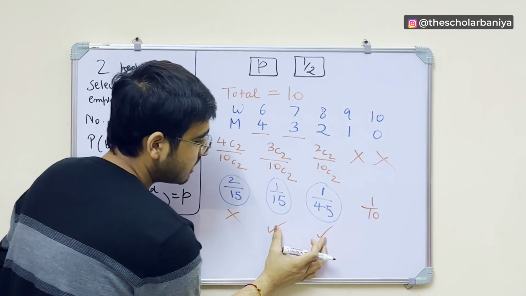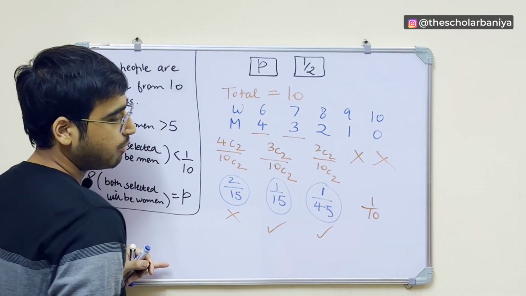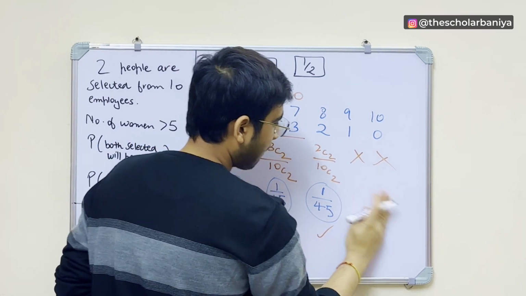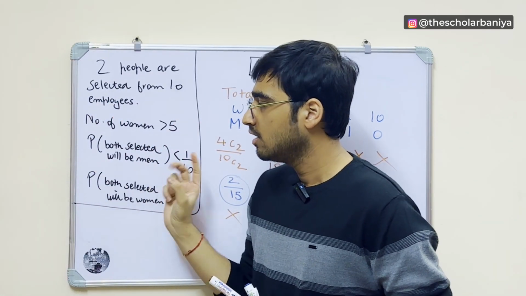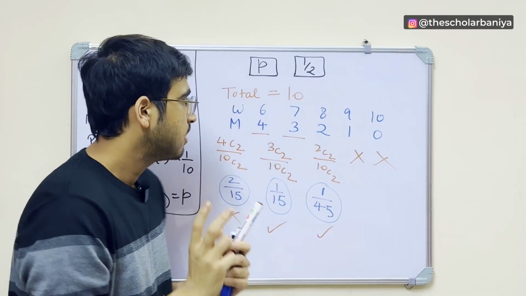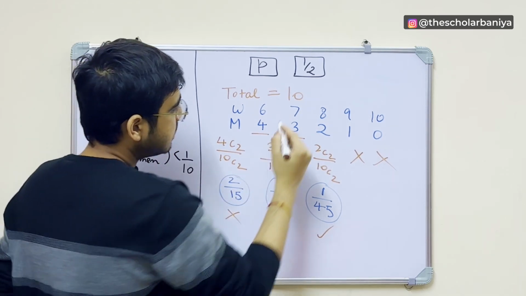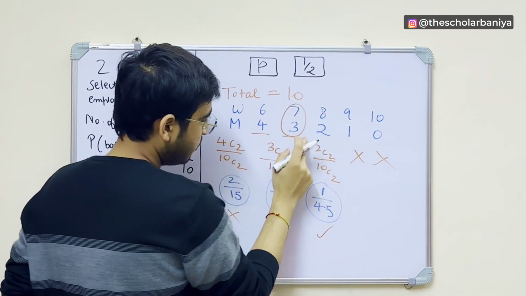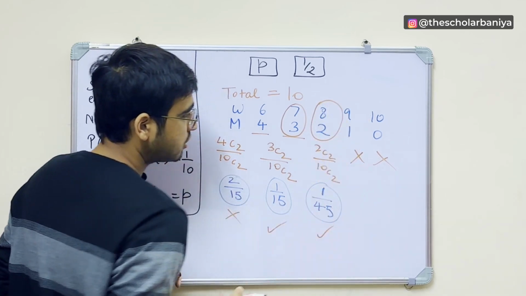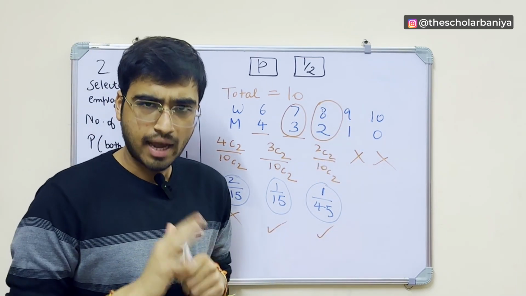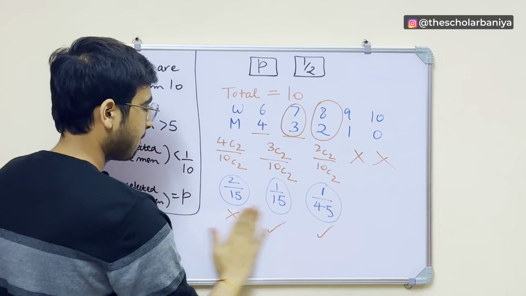So in these two cases the probability is less than 1 upon 10. So for the question up till here, we know two things: either this is the possible case which corresponds to this, or this is the possible case which corresponds to this. I hope this should be pretty clear.